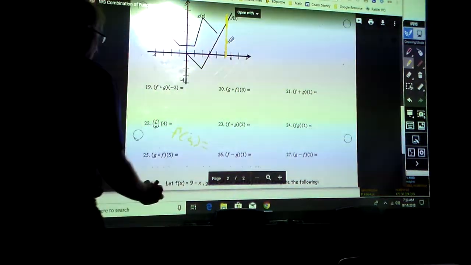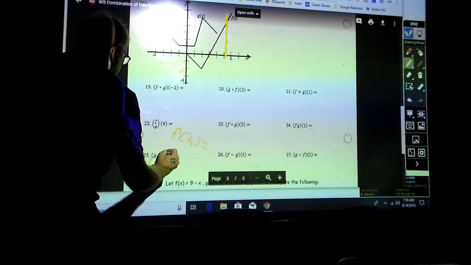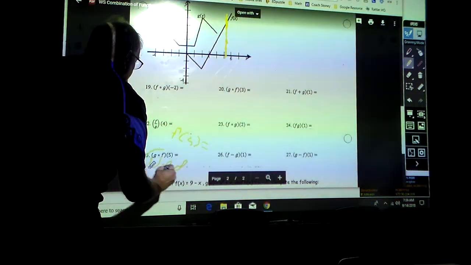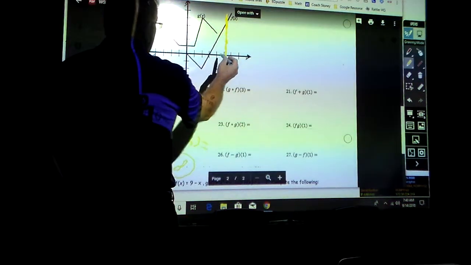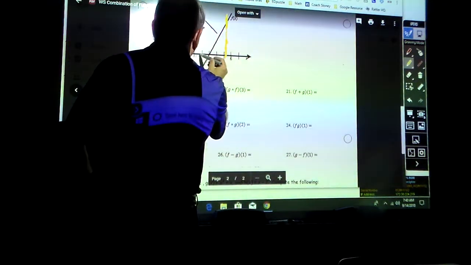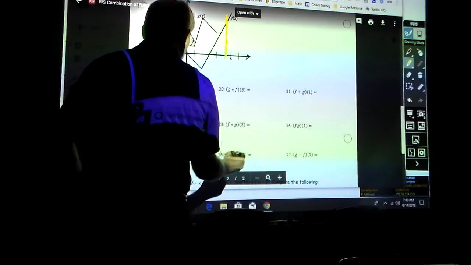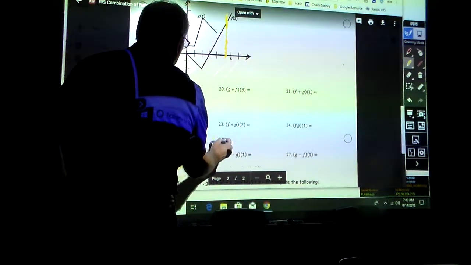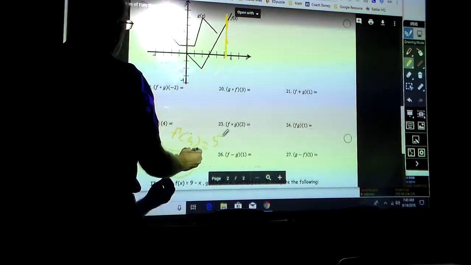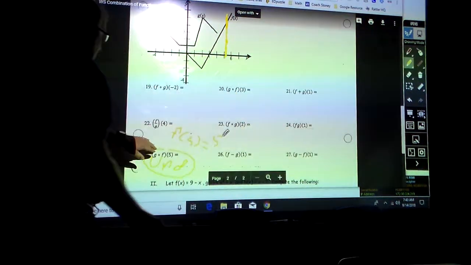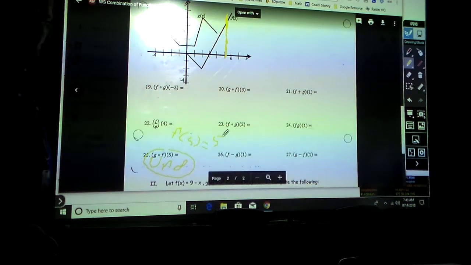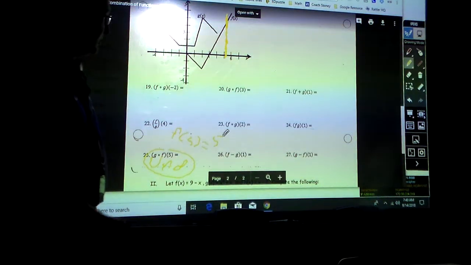So before I do all this work, guess what my answer is going to be? Undefined or not possible. You can work it out and get an answer at f of 5, but we would have gotten an answer anyway. Still undefined. That one just came up a little easier for us to see, all right?